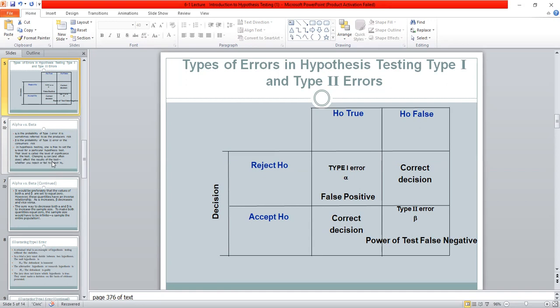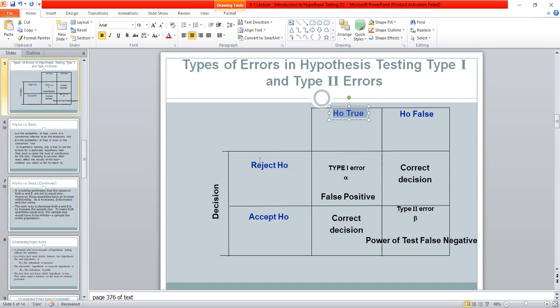There's a likelihood that your sample may lead you to draw wrong conclusions, may lead you to say, number one, reject H0, the null hypothesis, when the null hypothesis is true. The data you collect using a sample to test the hypothesis may lead you to reject the null when the null hypothesis is true.